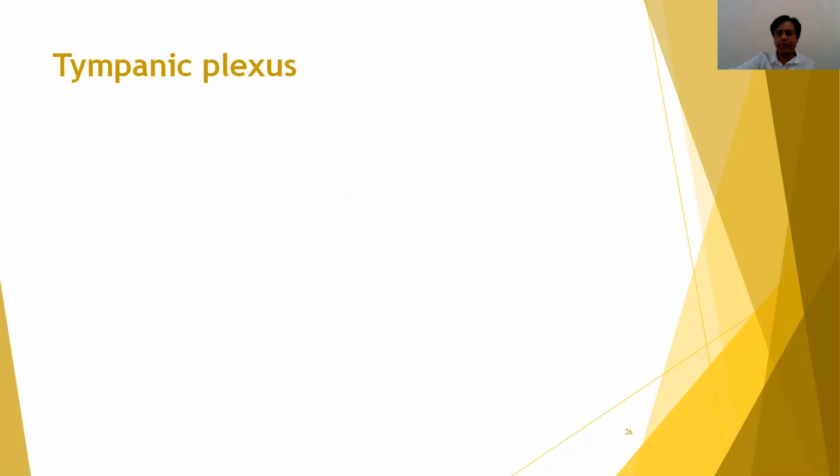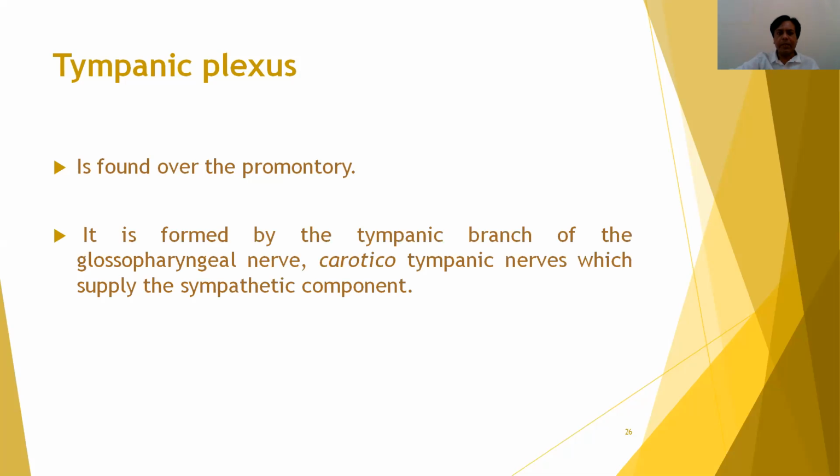Then tympanic plexus. It is found over the promontory, that is in the medial wall of the middle ear. It is formed by the tympanic branch of the glossopharyngeal nerve and caroticotympanic nerves, which supply the sympathetic component.